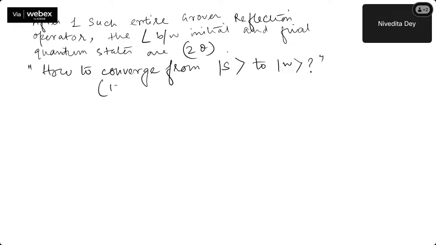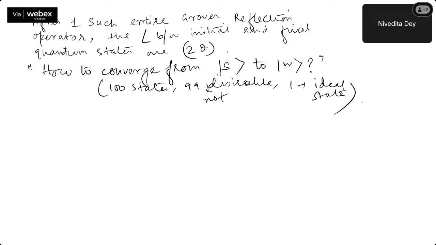So I have 99 not desirable, and 1 is the ideal state. Your entire 100-state superposition slowly needs to boil down to that one state.